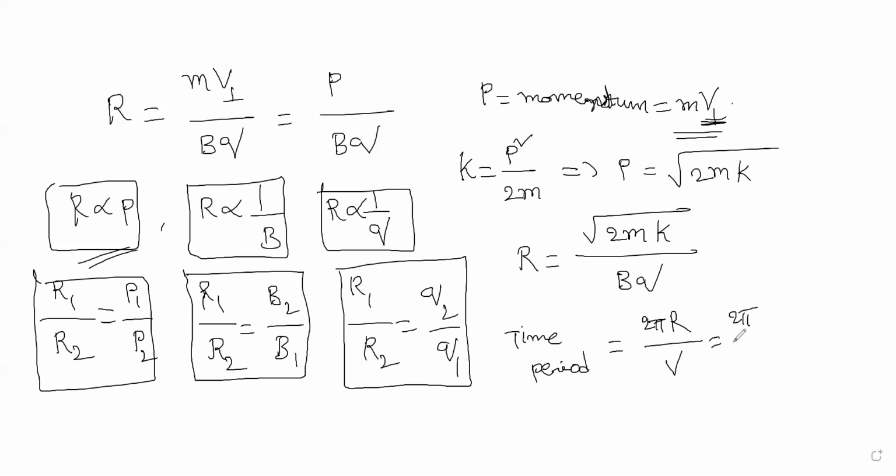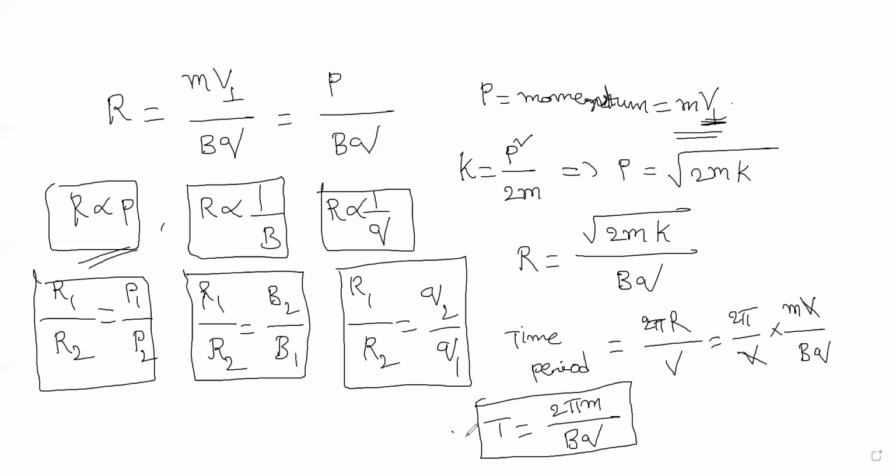So 2 pi by v into mv by bq. You can cancel this v and v, right? So the time period is given by 2 pi m divided by bq. That's how you can write.